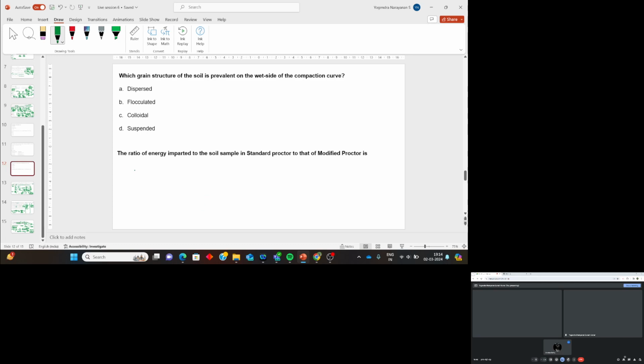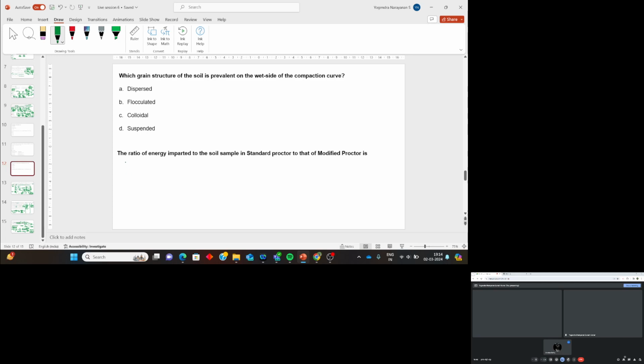Now let us solve this question quickly. Ratio of energy imparted to the soil sample in case of standard Proctor to modified Proctor. In this case you have to remember some aspects.